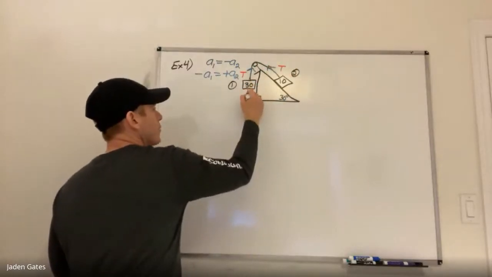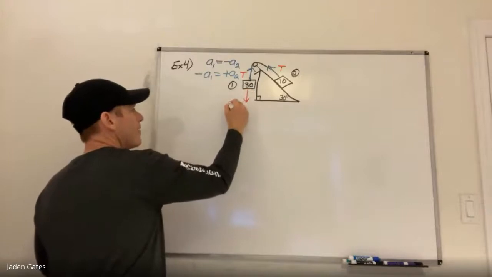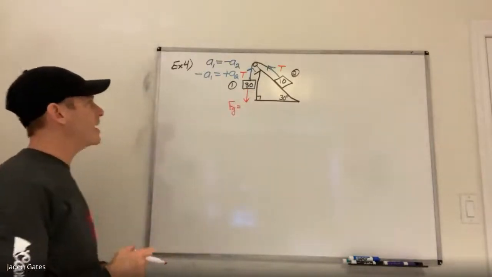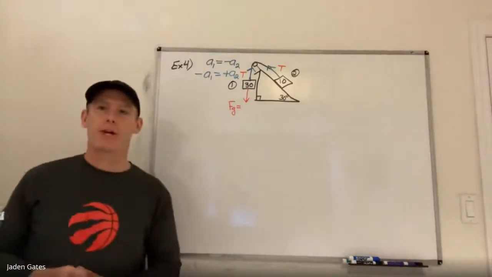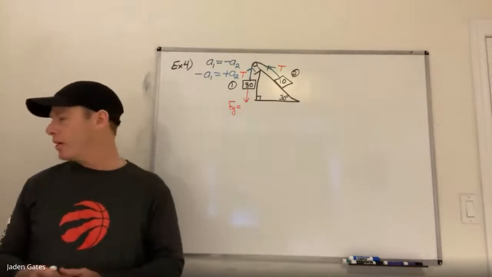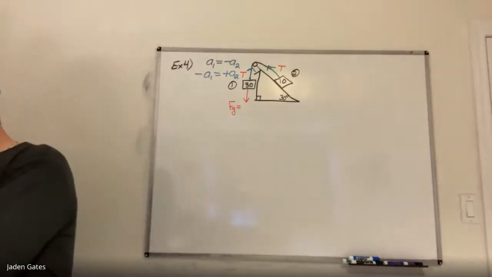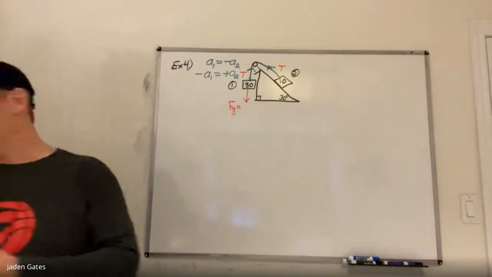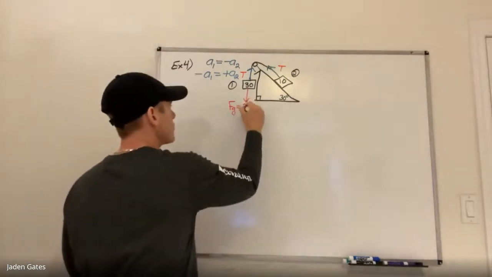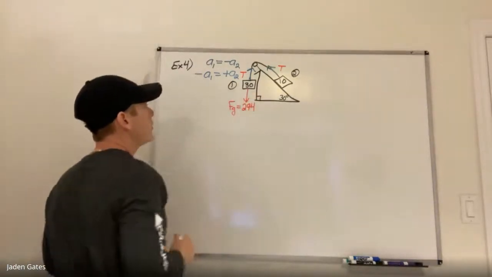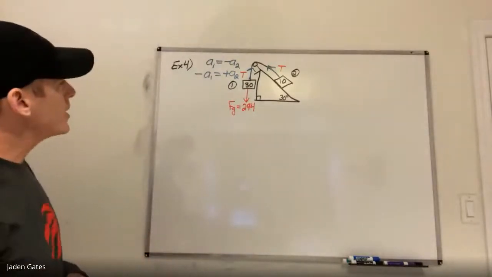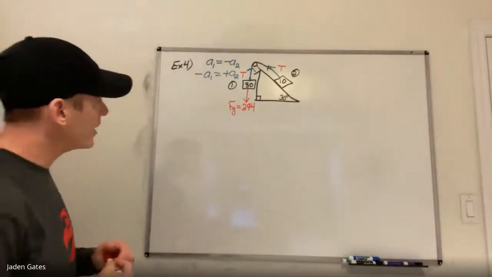Now this 30 kilogram mass, we have the force of gravity again. It's just hanging by the rope. And so I find it by, again, finding mass times g, 9.8. I do that, and I get 294 newtons. Now, here's where things get a little bit tricky.